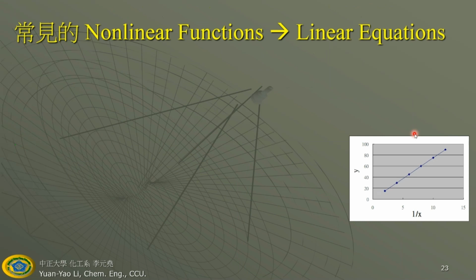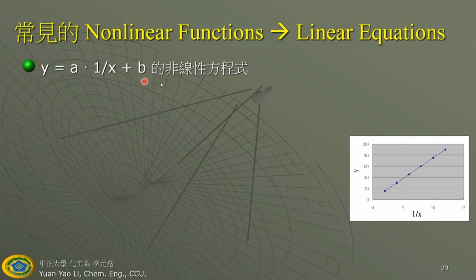Okay, so here I want to tell you the common nonlinear functions and how to make them into linear equations. So y equal to a times the reciprocal of x plus b. That's what I just gave you as an example, right?